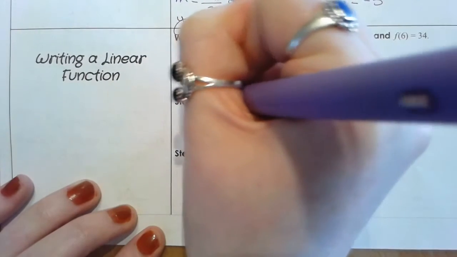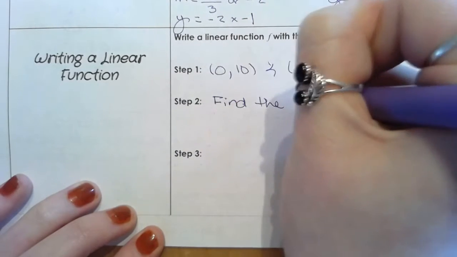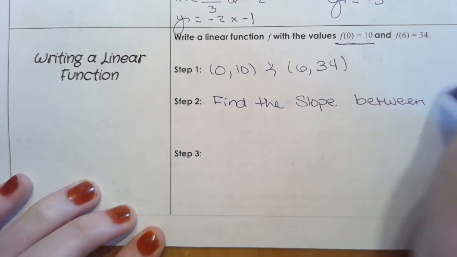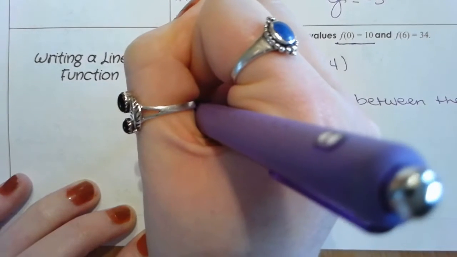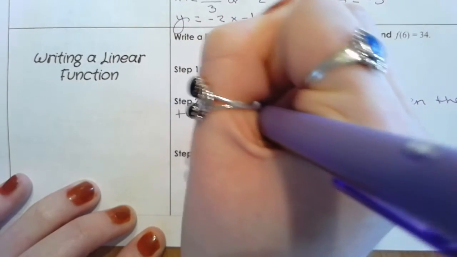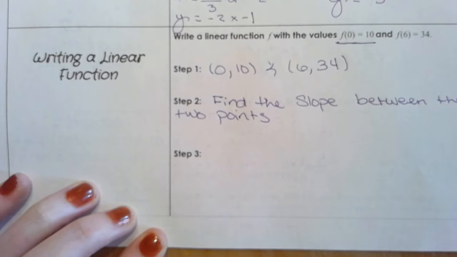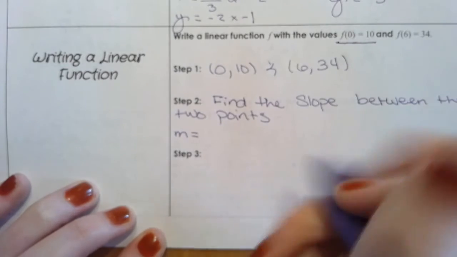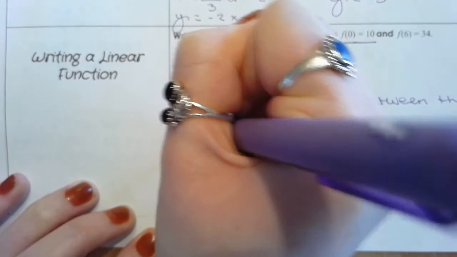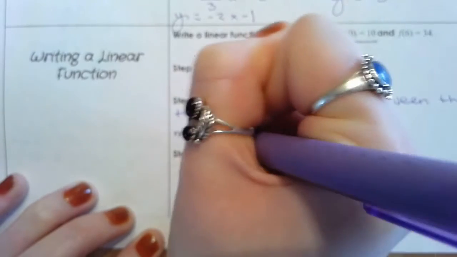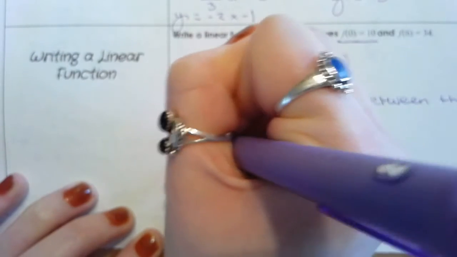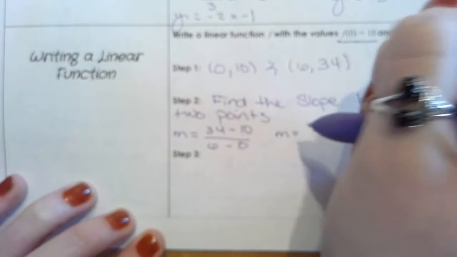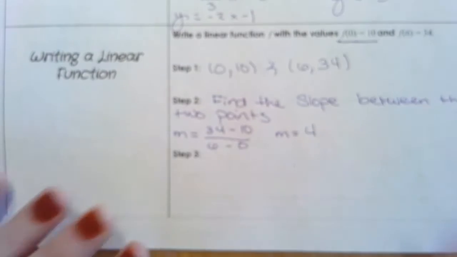So now I'm going to find the slope between those 2 points. Okay, so that will give me m equals my y2, which is 34, minus y1, which is 10, over x2, which is 6, minus x1, which is 0. So you should end up with m equals 4, all the way simplified.